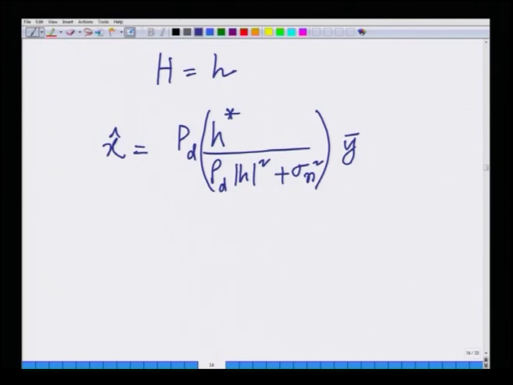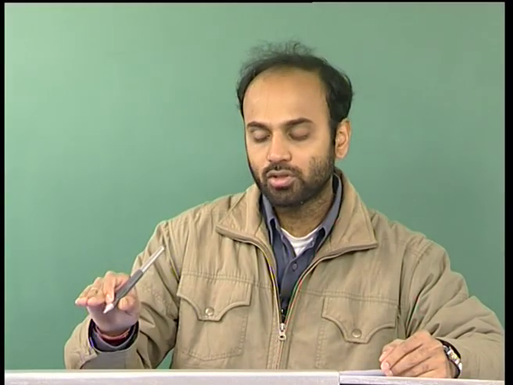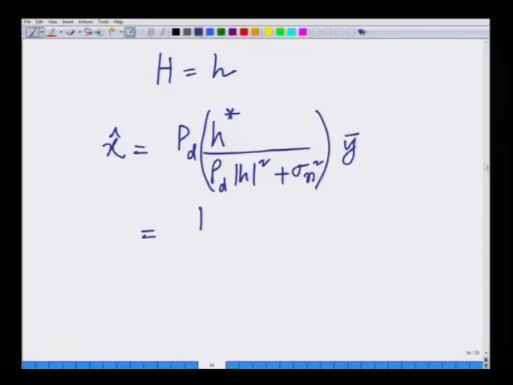Now, if the magnitude of h is small, that is as h tends to 0, the norm of h squared is insignificant compared to sigma n squared, and this tends to P_D h conjugate divided by sigma n squared times y bar. Hence, it does not blow up to infinity.